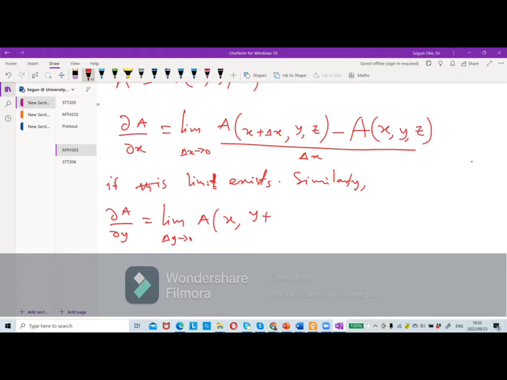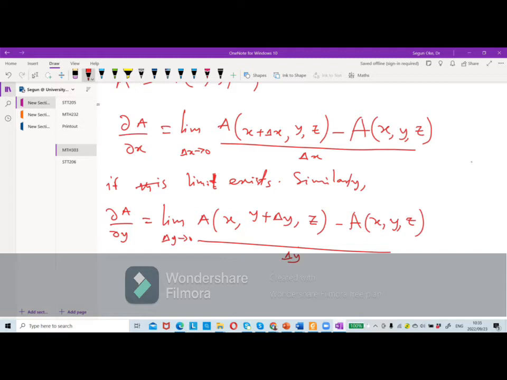It's going to be y plus change in y, comma, z, minus A of x, y, z, all divided by change in y. Any question on that?